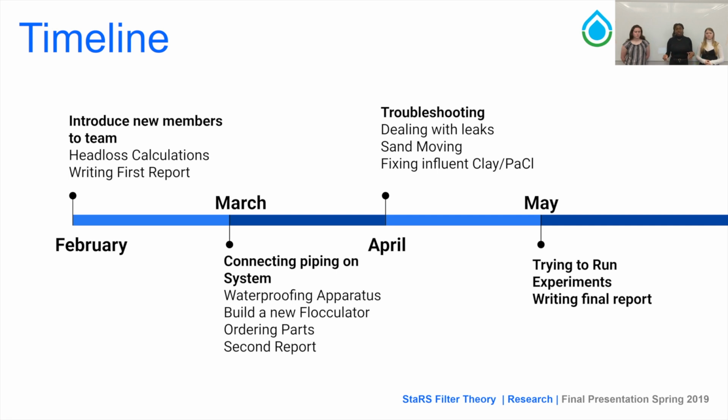That's also where we wrote the second draft of our report. In April, we dealt with a lot of troubleshooting. There were many leaks. We finally moved sand into our filters, and we also fixed the influent clay and coagulant dosages for our system. And in May, we hope to finally run experiments and write our final report.